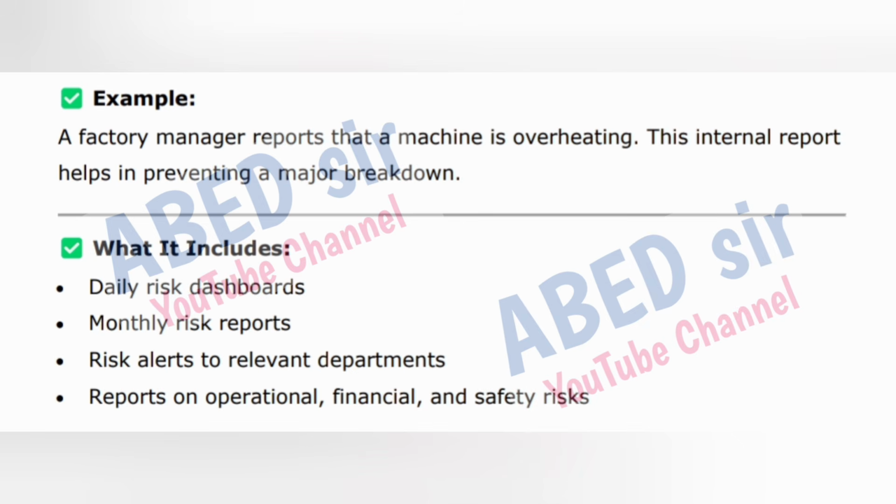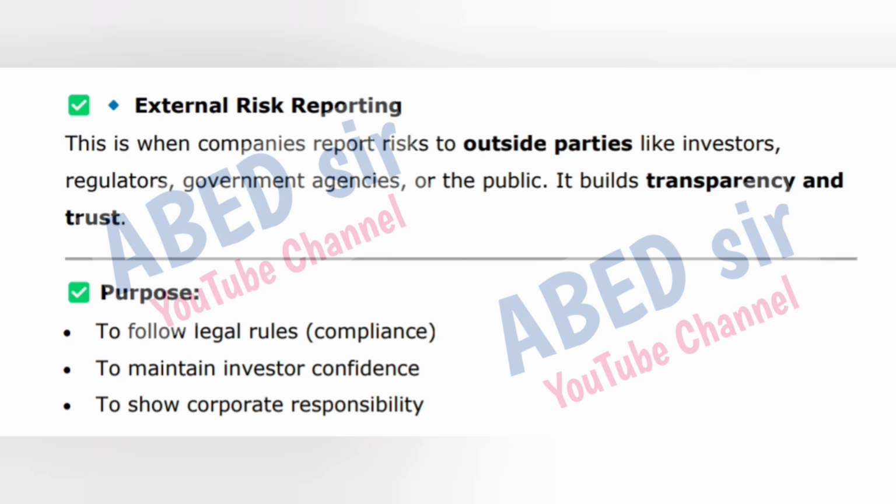What it includes: daily risk dashboards, monthly risk reports, risk alerts to relevant departments, reports on operational, financial, and safety risks. External risk reporting. This is when companies report risks to outside parties like investors, regulators, government agencies, or the public.